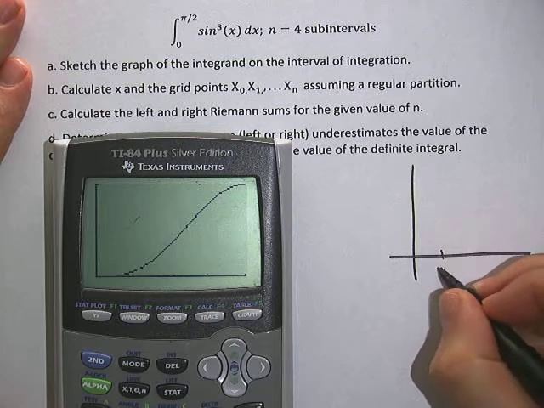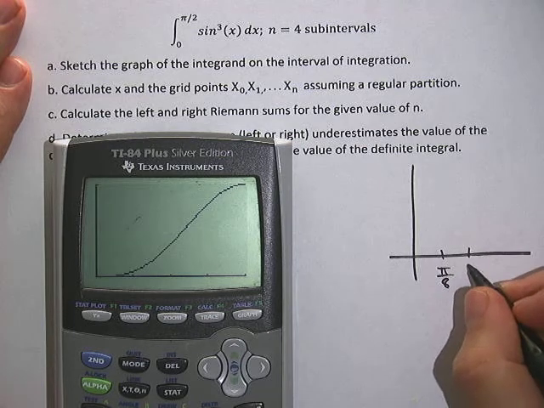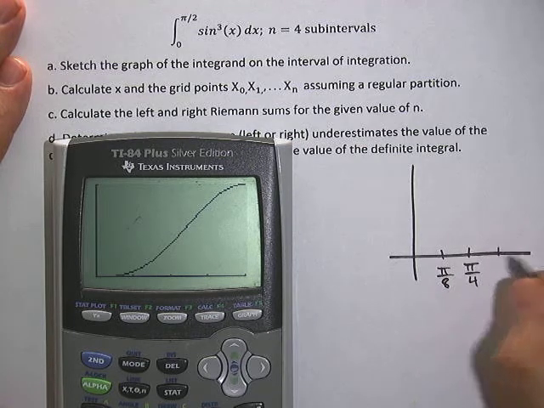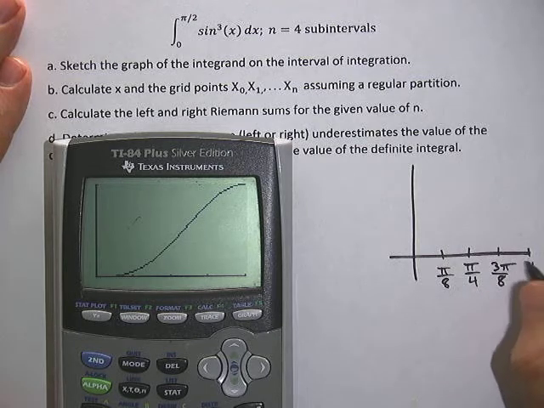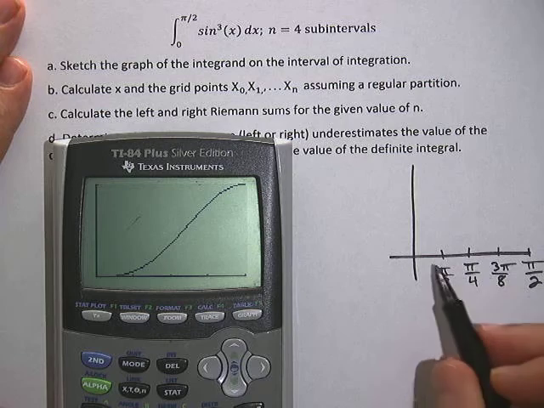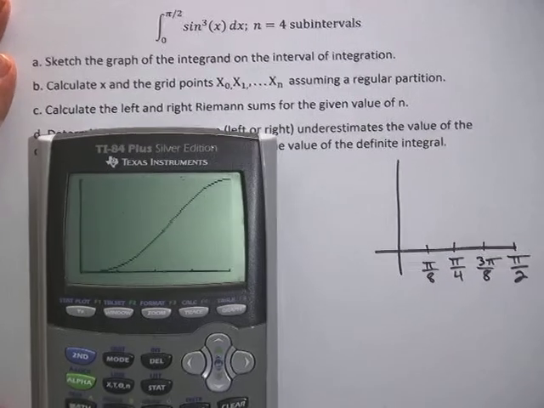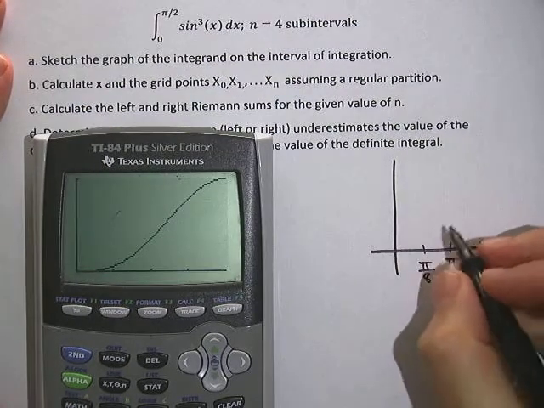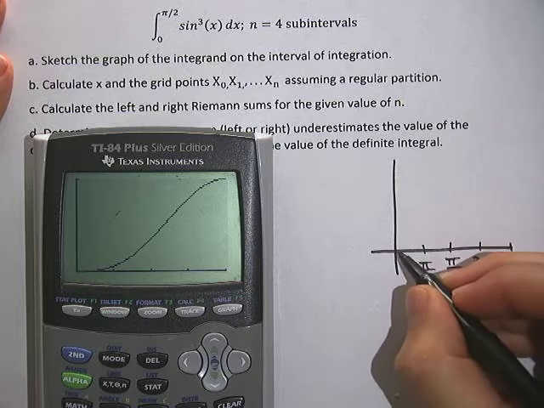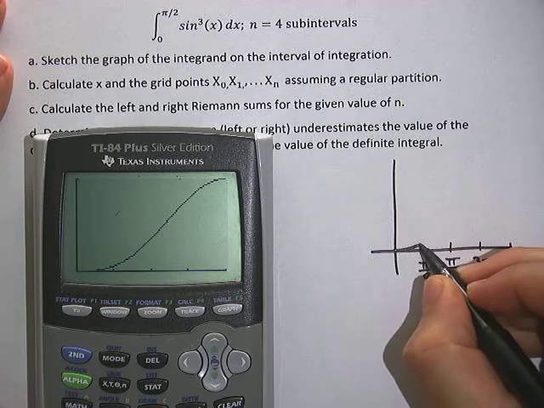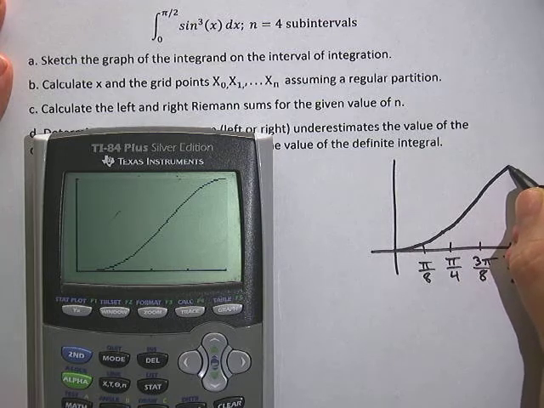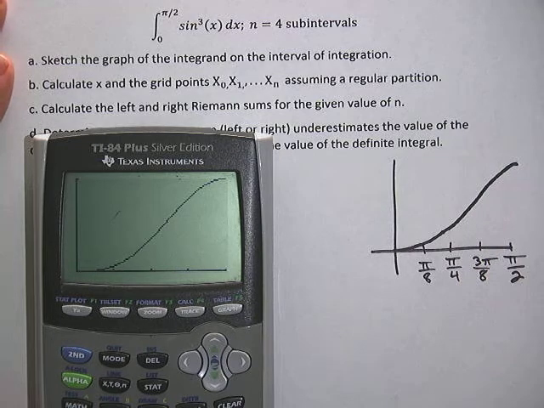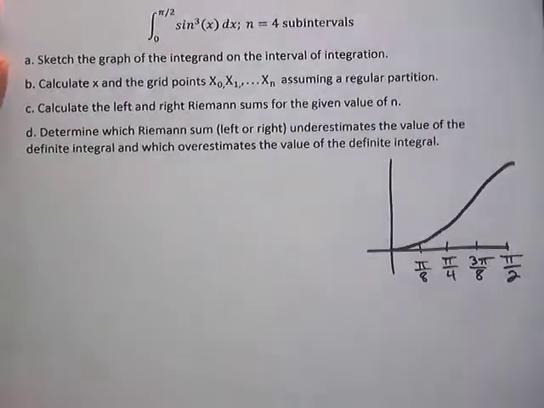So this is pi over 8, pi over 4, 3 pi over 8, and pi over 2, which is the end of our interval. And you can see that gives us 4 subintervals. I'll show you how I calculate that in a second. But you get basically this graph that starts at 0, and then starts increasing until it gets up here and maxes out. All right, so that's the graph.